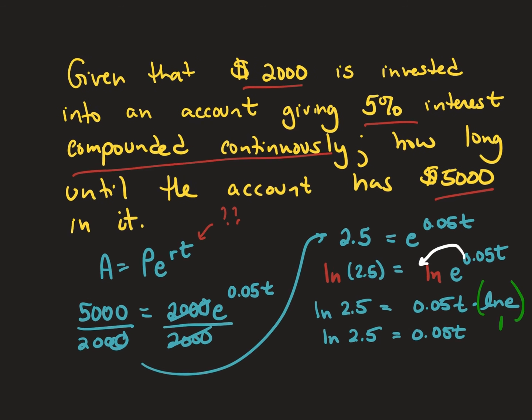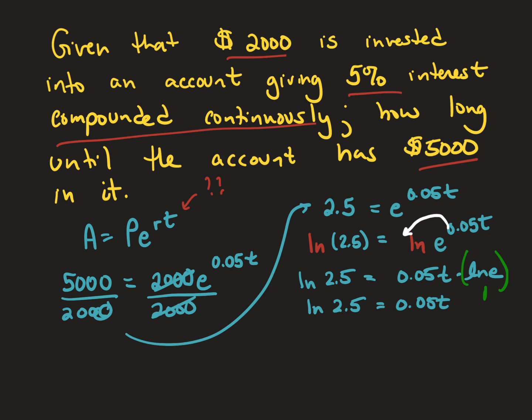So if you use natural log instead of common log, the e just kind of goes away. Last step is to divide by 0.05. So t is the natural log of 2.5 divided by 0.05. And I just put that in a calculator. I get 18.3, and that would be years.